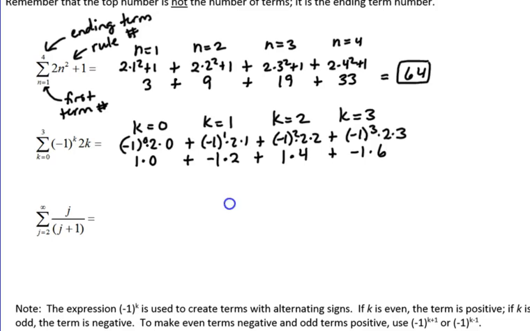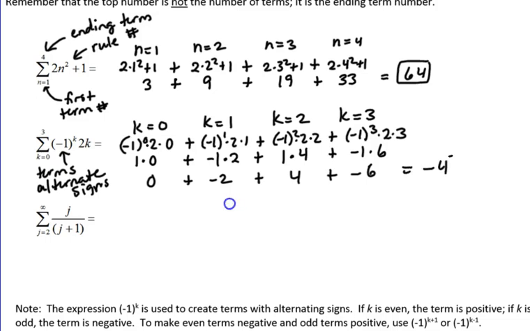I end up with 0 plus negative 2 plus positive 4 plus negative 6. The next one would be positive 8, and so forth. What this term does is cause the terms to have alternating signs. That is a handy little way to make the terms alternate signs. If I add this up, I end up with negative 4.